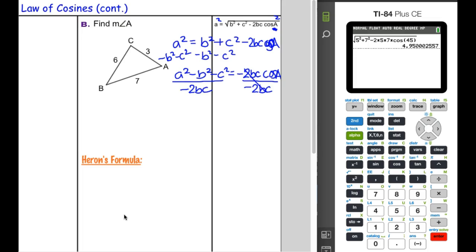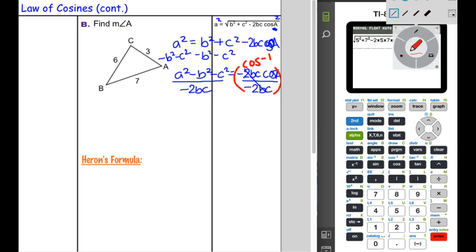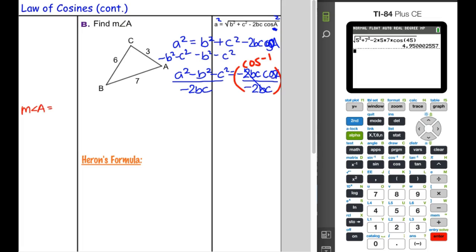That now says A squared minus B squared minus C squared over negative 2bc equals the cosine of A. Then I need to get rid of that cosine, so I'm going to take the inverse cosine. That tells me that to find the measure of angle A, I'm going to take the inverse cosine of A squared minus B squared minus C squared over negative 2bc. This I will also give you on the test.